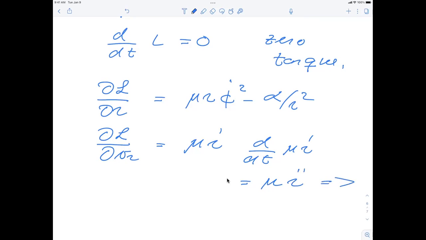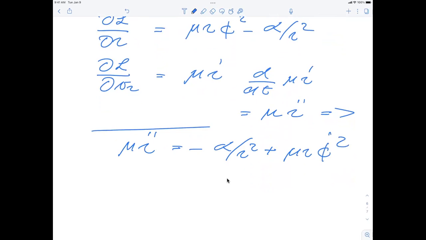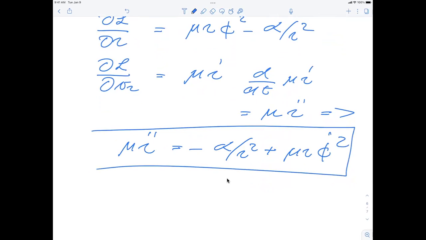And when I collect everything, what I have is mu times r double dot is equal to minus alpha divided by r squared plus mu times r times phi dot squared. And these are the equations which we actually derived from Cartesian coordinates to polar coordinates.